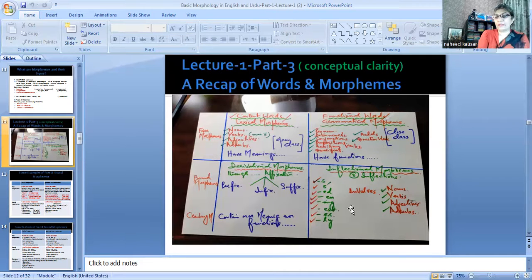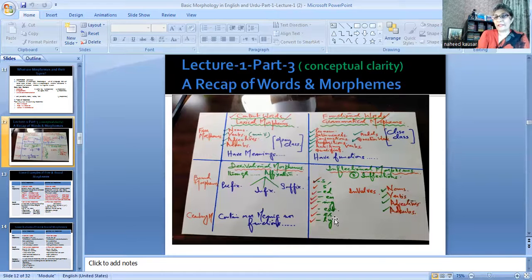Similarly, if we look at the other box, which is mostly marked in green color, because I've used a green marker in it, that's my favorite color. All right. So in this box, you see that there are inflections written.